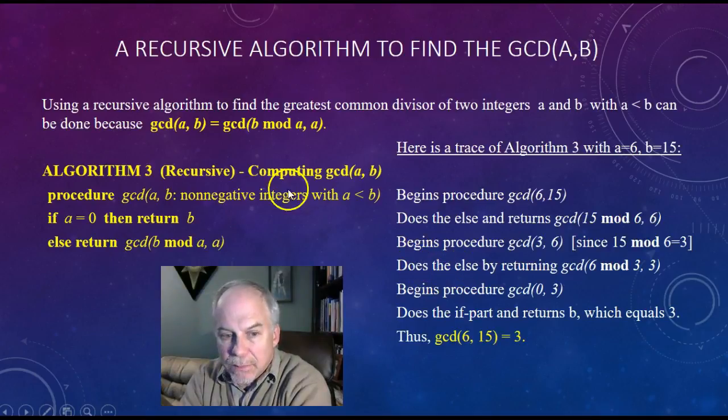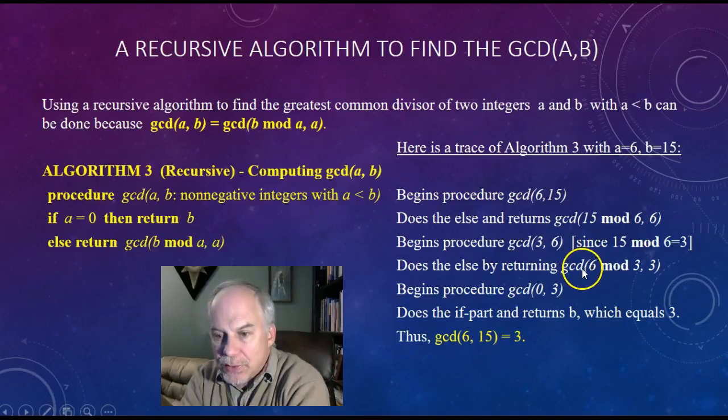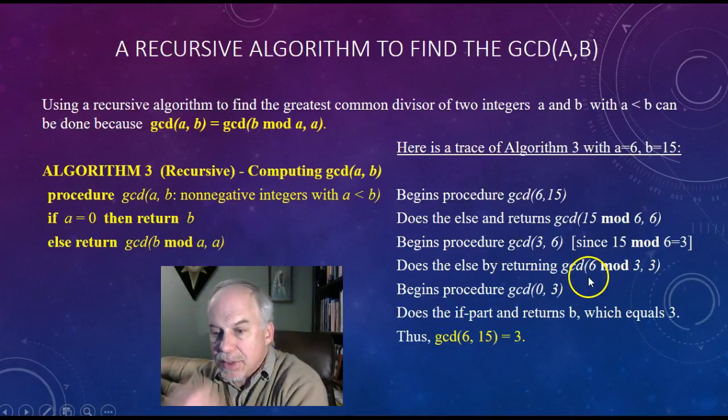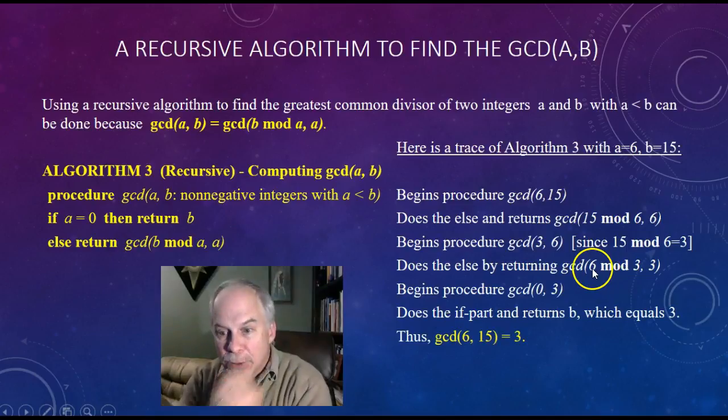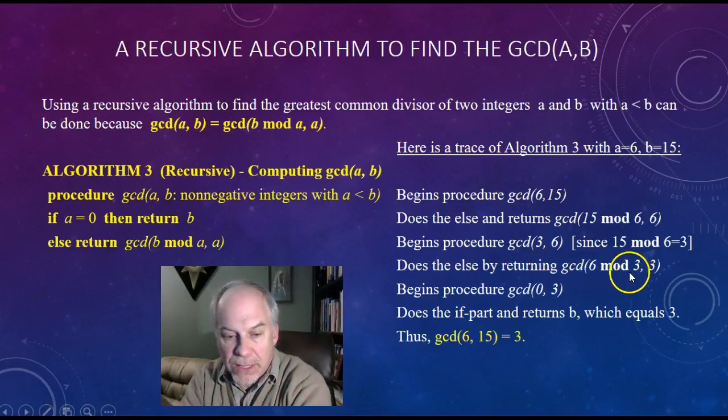So now since a is not 0 yet, it returns GCD of b mod a. So in other words, it does this switching again. So it does 6 mod 3, which is the remainder when 6 is divided by 3, which comes out to 0.